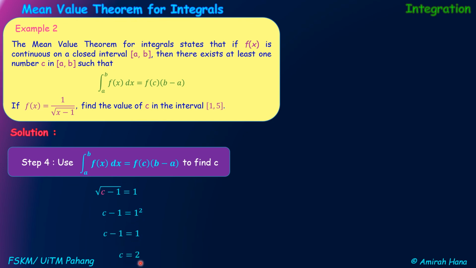So c equals 2. Then we check against the given interval. c equals 2 is valid in the interval 1 to 5, which means c equals 2 is the correct answer. Got it?